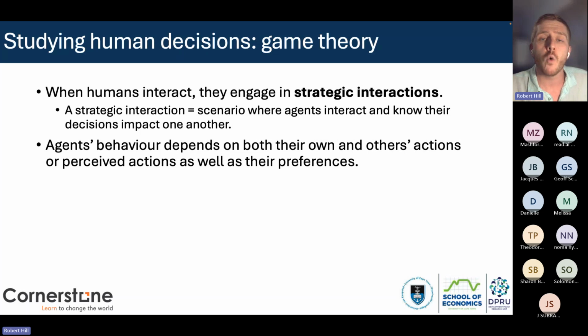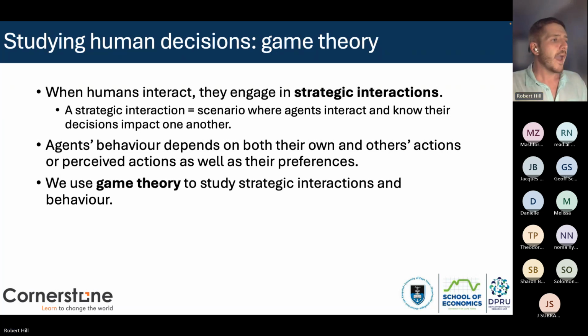Do I like having water available in my taps? Things like that. And what are your preferences? Do you like the same things that I do? Do you like different things to what I like? All of that. And what we do is we use game theory basically as our mechanism to study these strategic interactions and behaviors to understand how different people might behave in different ways in different scenarios.